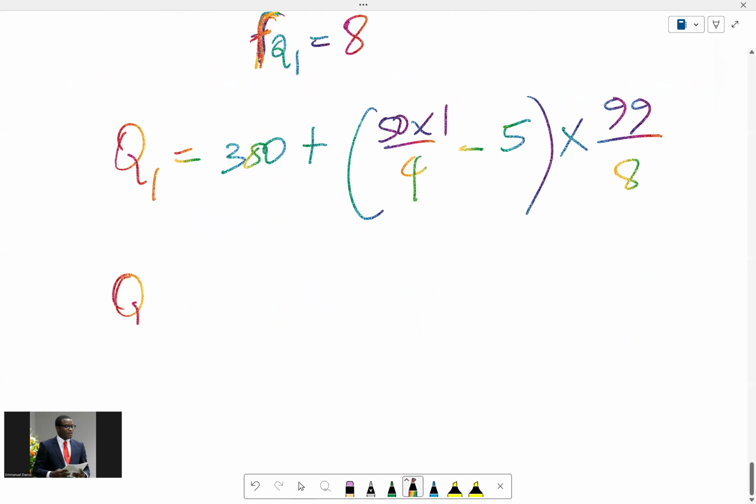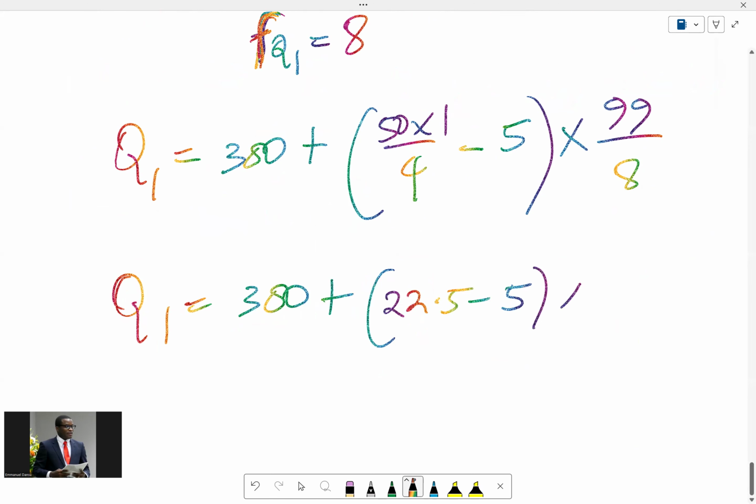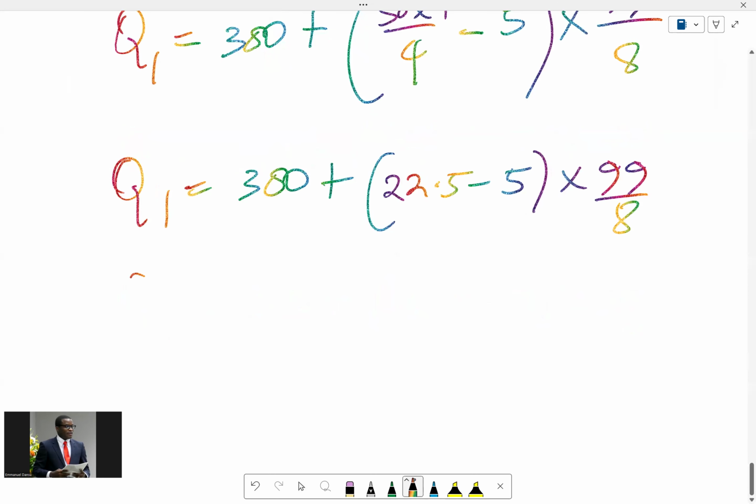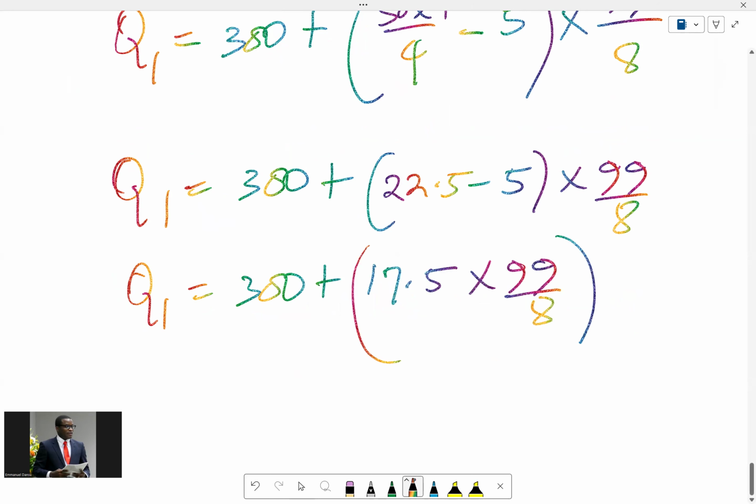Q1 is equal to 300 plus 50 over 4, which is 12.5, minus 5, which is 7.5, times 99 over 8.